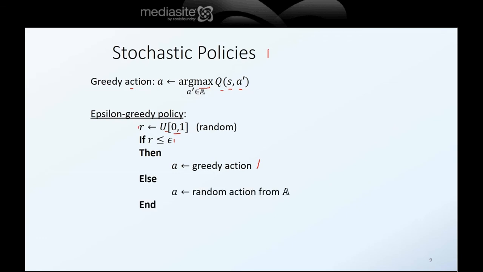Otherwise, we pick a random action. So with the probability of epsilon, we are picking a greedy action, and with the probability of 1 minus epsilon, we are picking any random action from the set of all actions. That's the epsilon greedy policy.